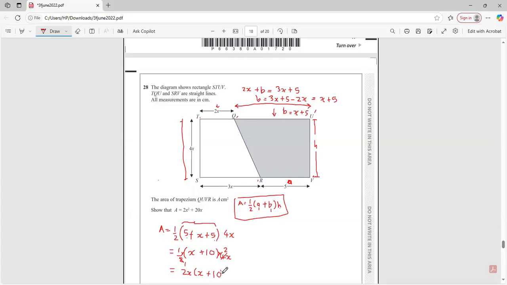Now I want you to notice something. Somebody could have equally thought that 2 could have gone into the 10.